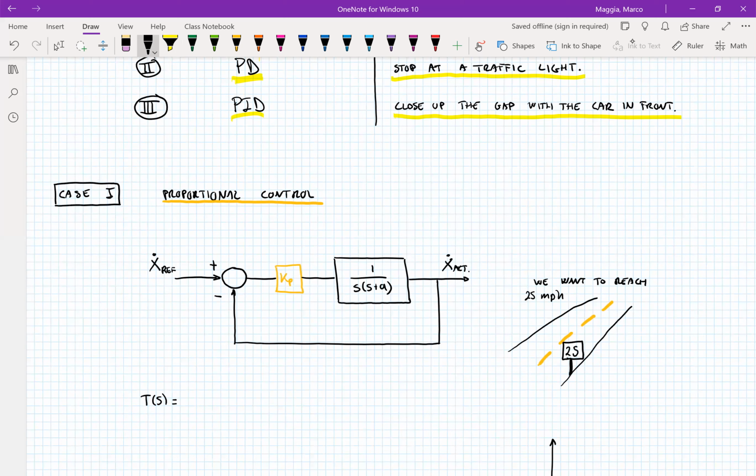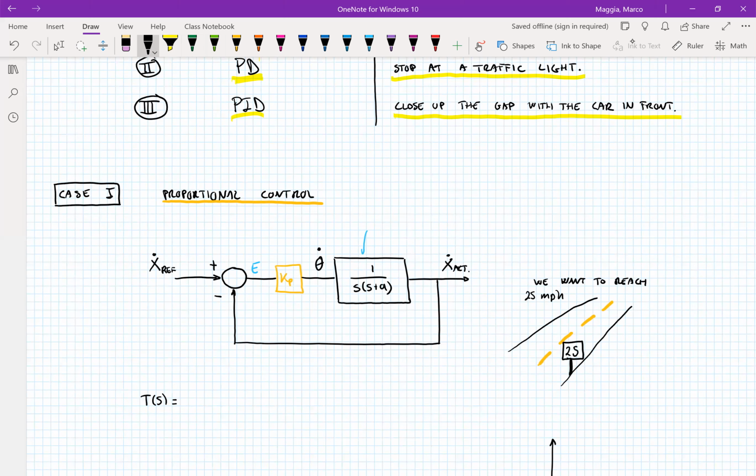So the difference between the two is going to be our error signal. The error signal is then going to be multiplied by the constant Kp, which will change the units, because the output of the controller is the input of our plant, and the input of our plant was the rate of change of the gas pedal.